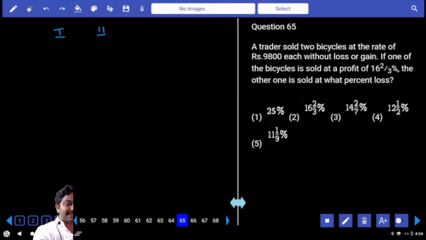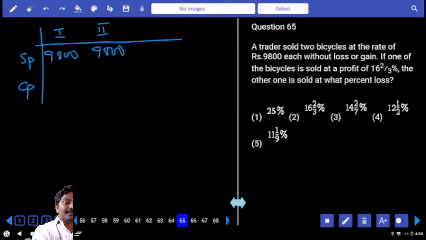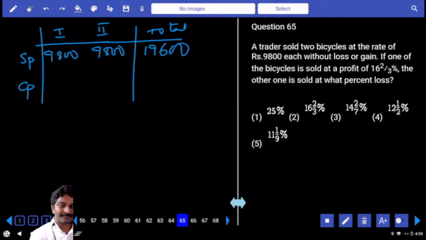First item and then second item, we were given selling price of each is 9,800. Total selling price is equal to 19,600. Because of this underlying condition, without loss or gain, that means total cost price also must be equal to 19,600.